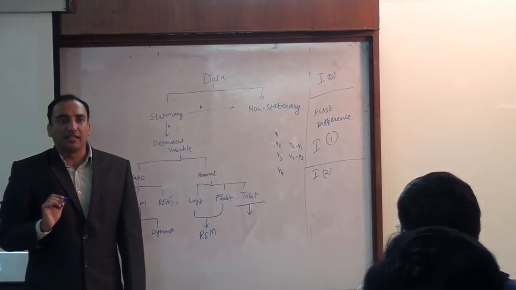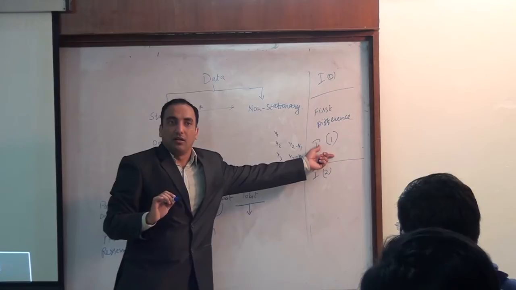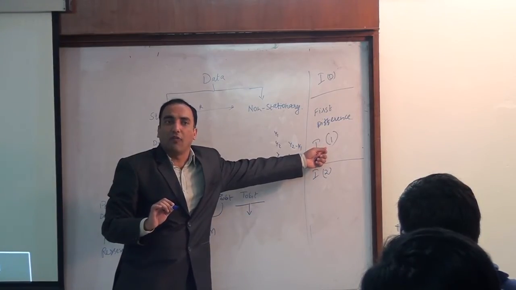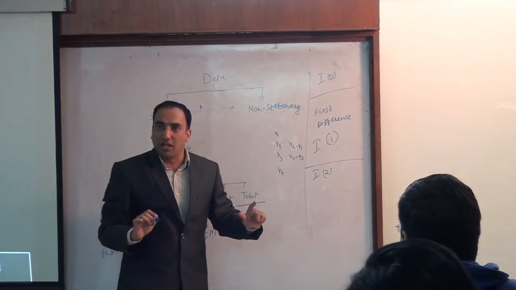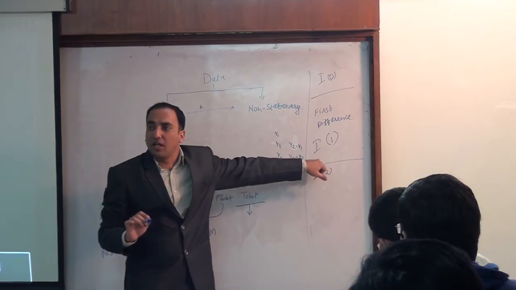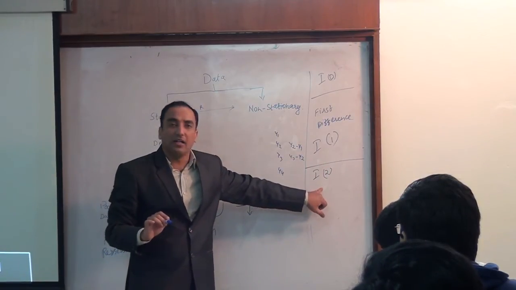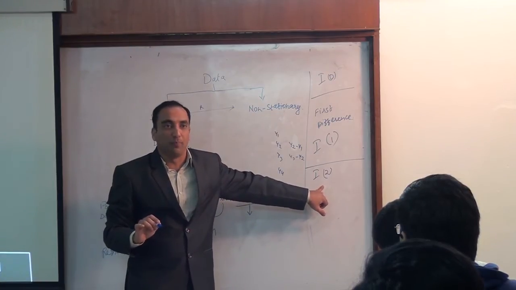If I do this, my data will become stationary, and therefore it is called integrated of order 1, or I1. Similarly, if my data does not become stationary by differencing once, but becomes stationary by differencing twice, it is an I2 process.